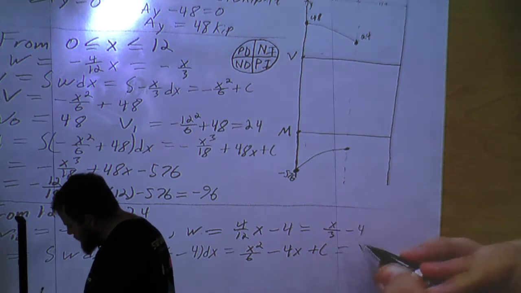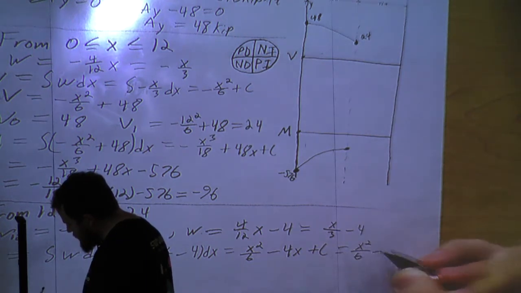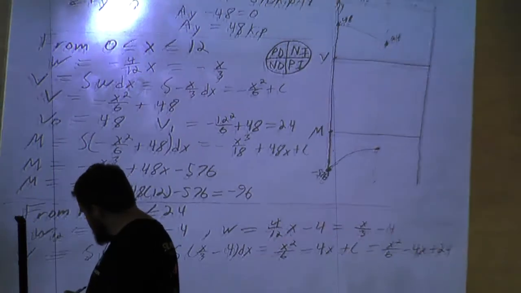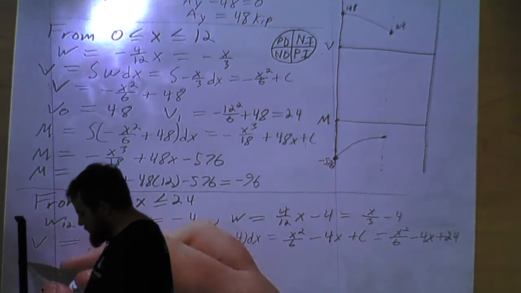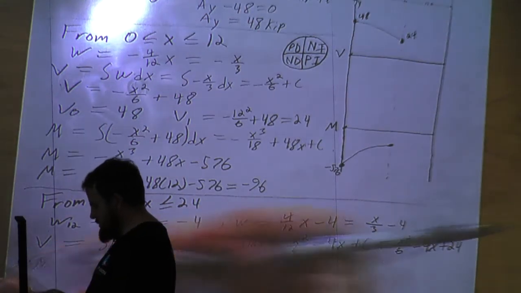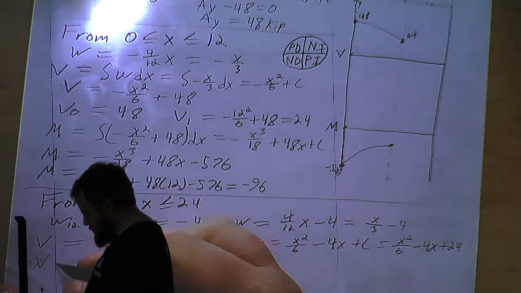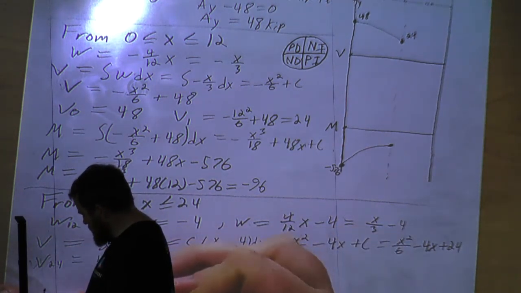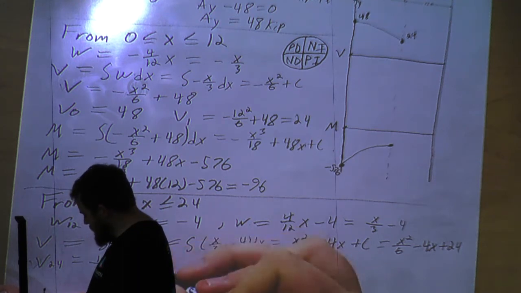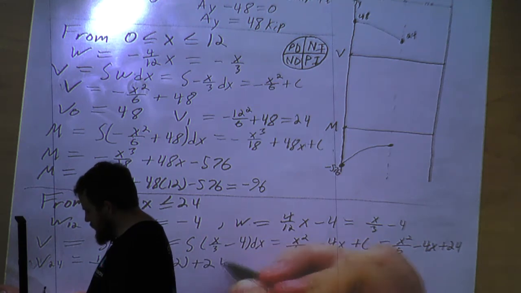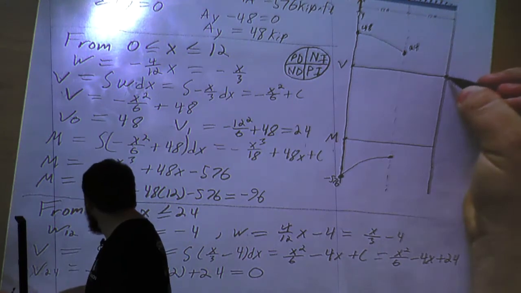So this is going to be x squared over 6 minus 4x plus 24. Okay. So from there we can just find our shear at the end, at 24. Again, we're just going to plug in 12 as the distance, over 6 squared minus 4 times 12 plus 24, and that should equal 0. So we're going to end back here.